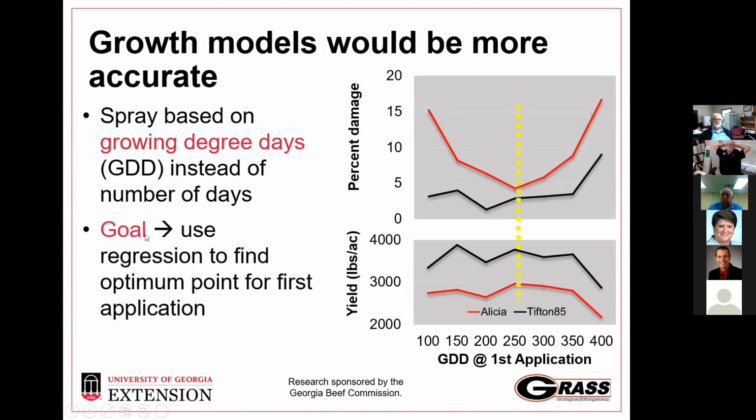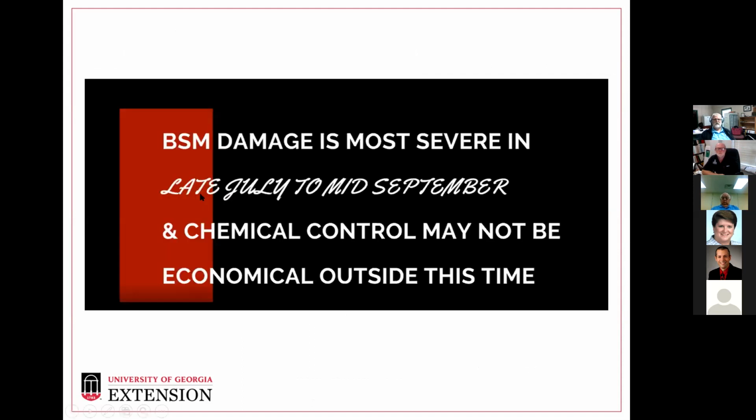So by using some regression, they can identify the optimum point for the first insecticide application. Reviewing, damage to Bermudagrass is most severe after late July, and we have to be careful about whether or not chemical control will be profitable outside of that time.